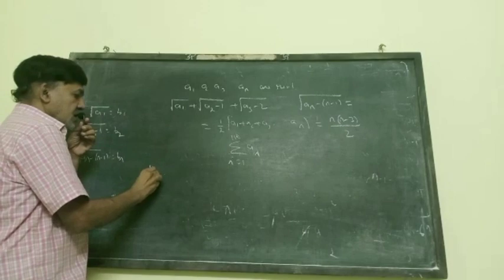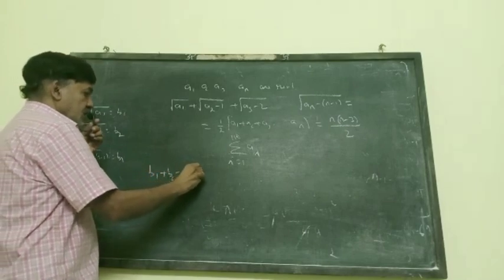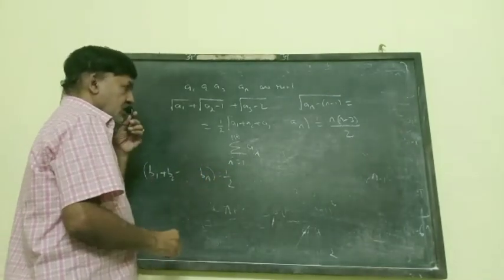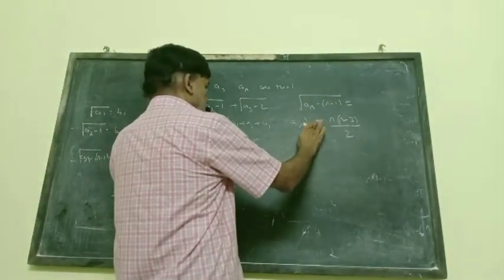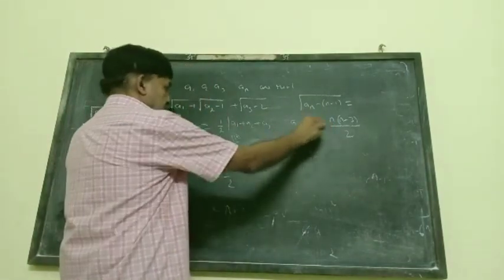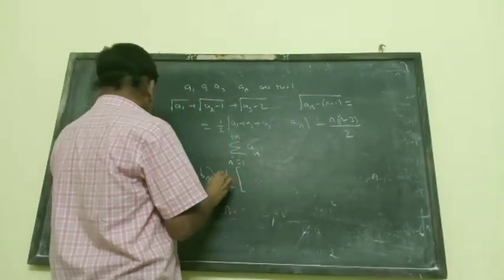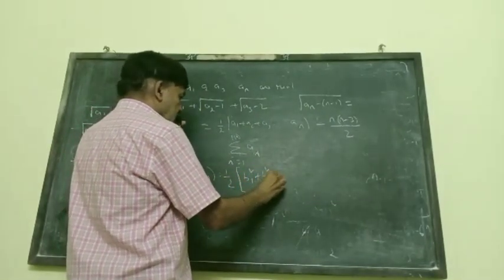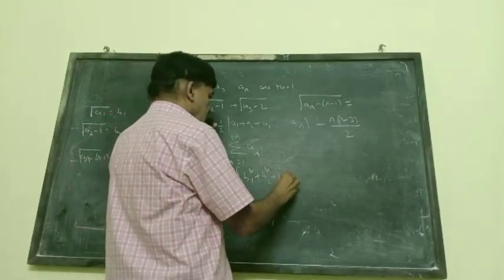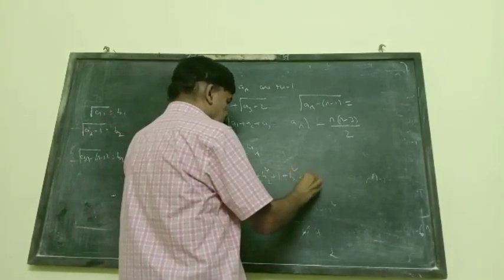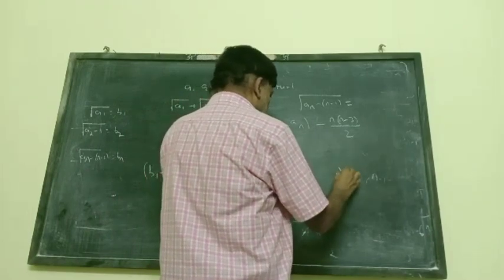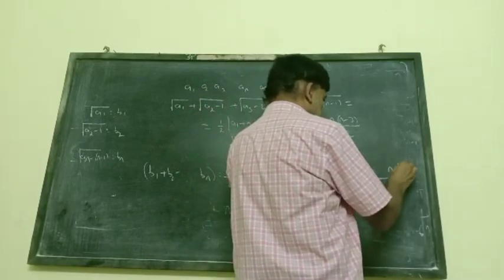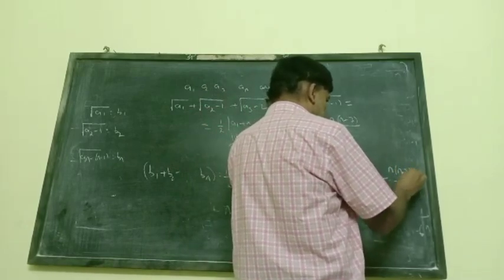So you will be getting a relation like this: B1 plus B2 up to Bn is equal to 1 by 2 into (B1 square, B2 square plus 1, plus B3 square plus 2, ..., Bn square plus n minus 1), minus n into n minus 3 by 2.